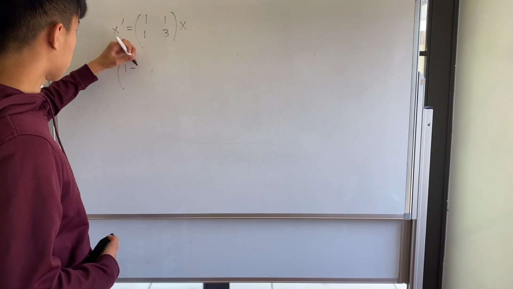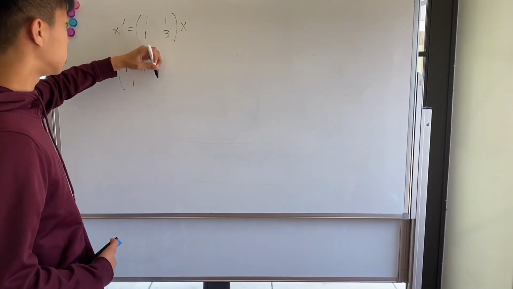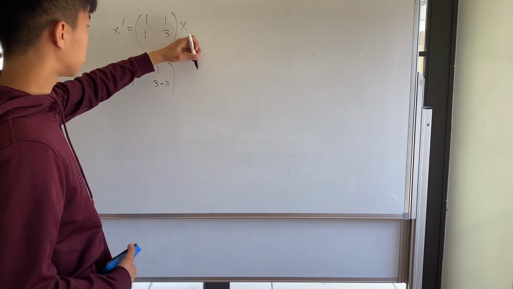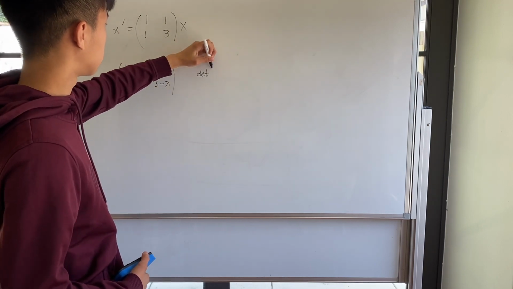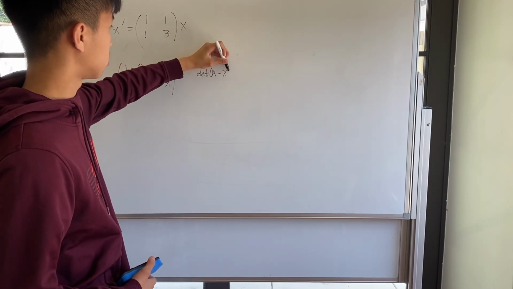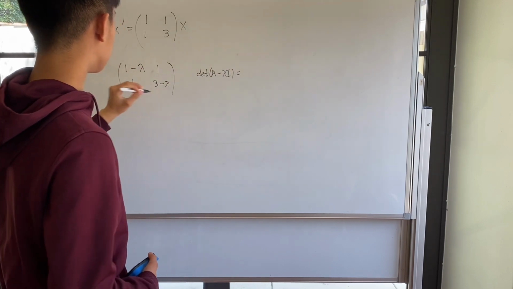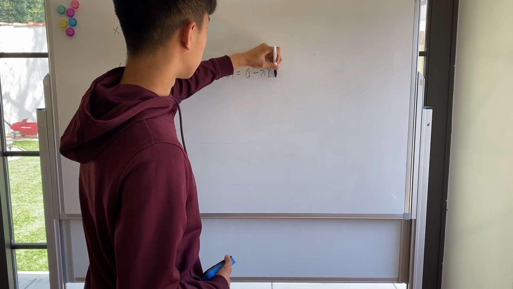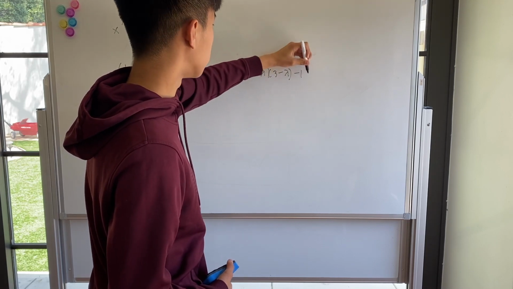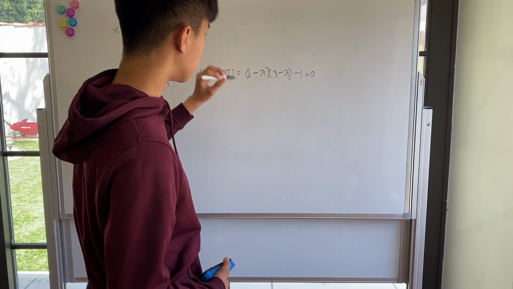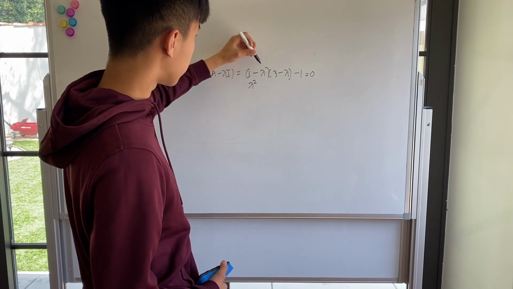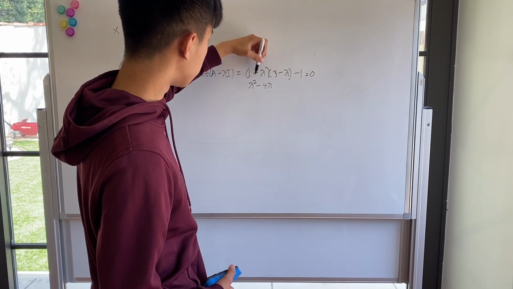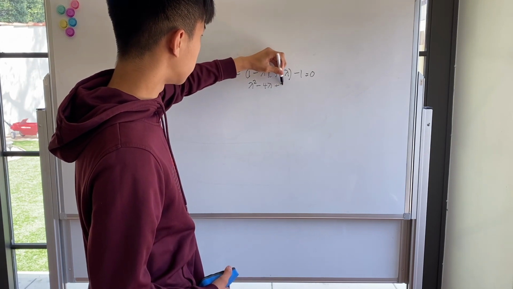Let's subtract lambda from A and D. Then we find its determinant, which is equal to 1 minus lambda times 3 minus lambda minus 1. Set that to 0, and then we can multiply it out. That's minus 4 lambda plus 3 minus 1.